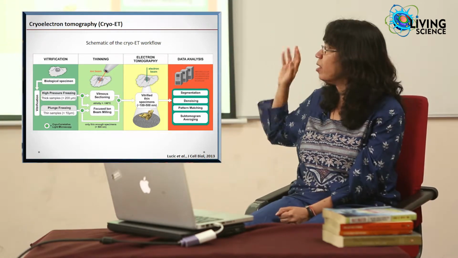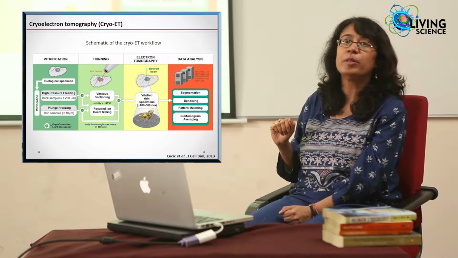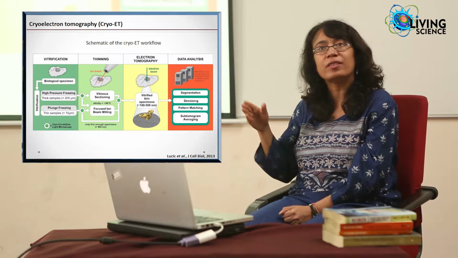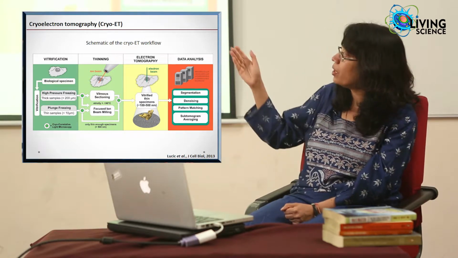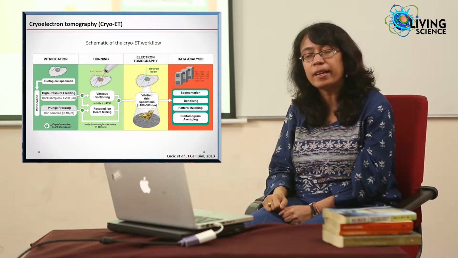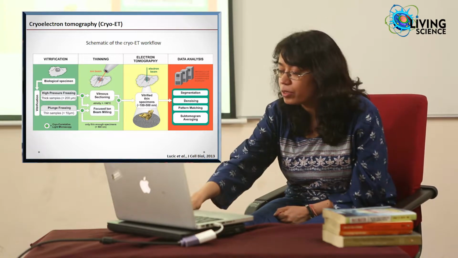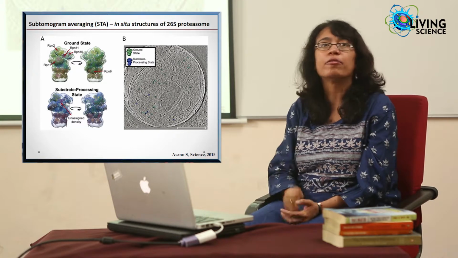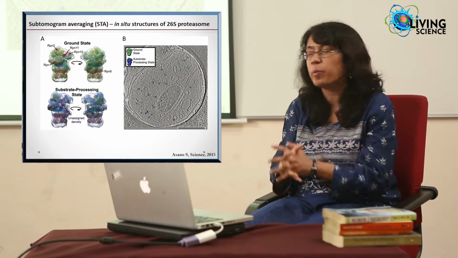And there is again a workflow where the material is first frozen and then either subjected to vitreous sectioning, or thinned by using focused ion beam milling, and it is visualized in an electron microscope, and reconstruction is done from the images.